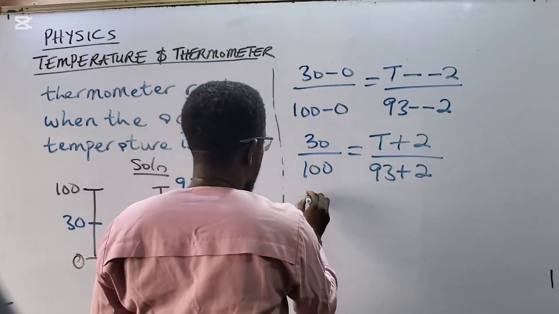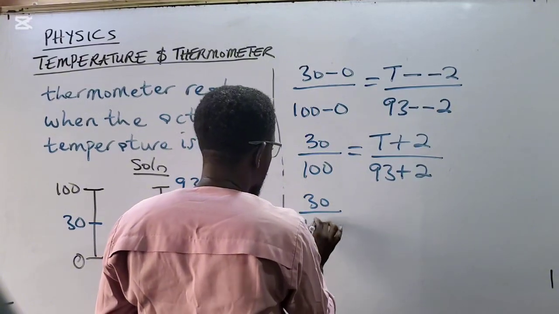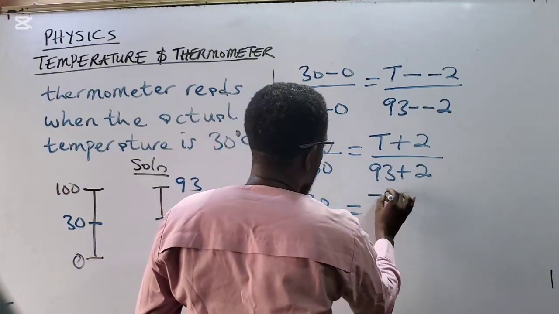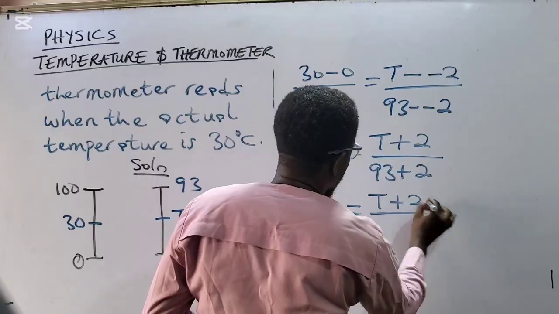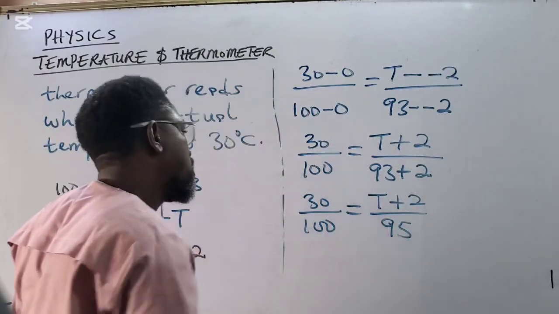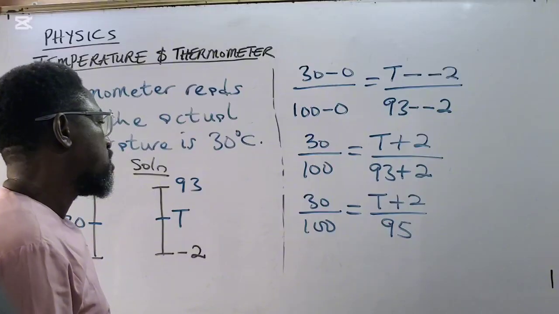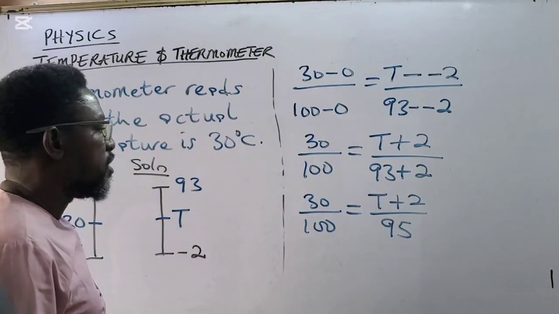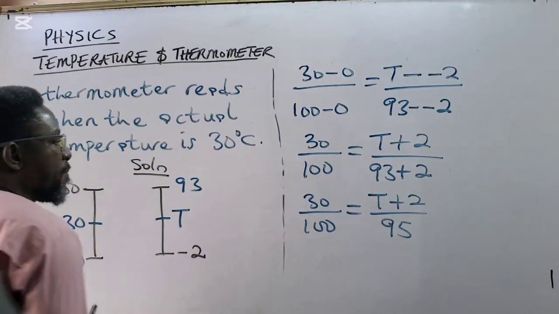So now we get 30 all over 100 equal to t plus 2 over 93 plus 2, that will give us 95. So the next thing I will do now is to cross multiply.